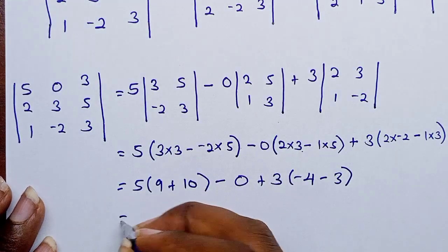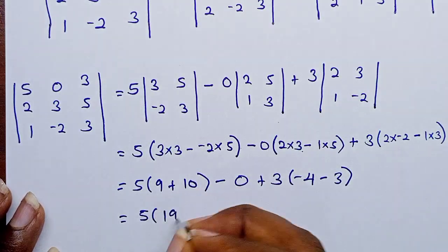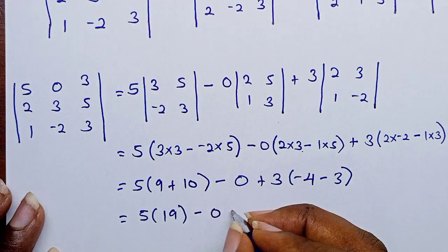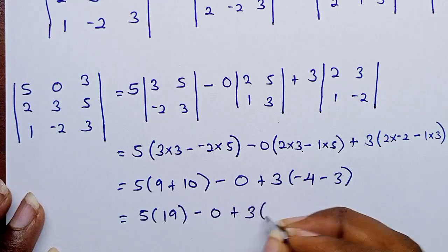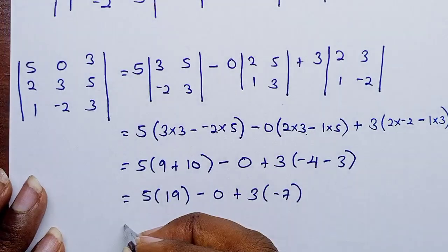So this is equal to 5 into 19, minus 0, plus 3 into (minus 4 minus 3, which is minus 7).